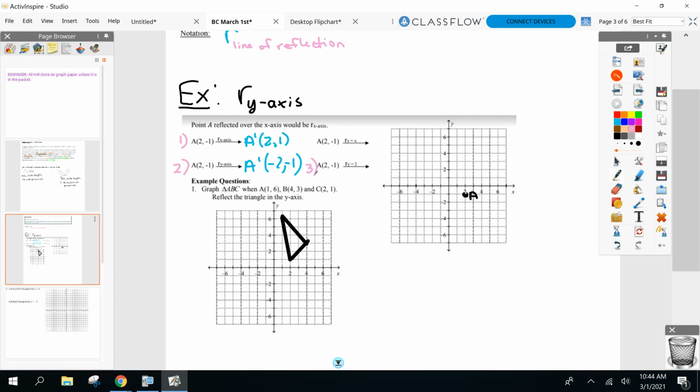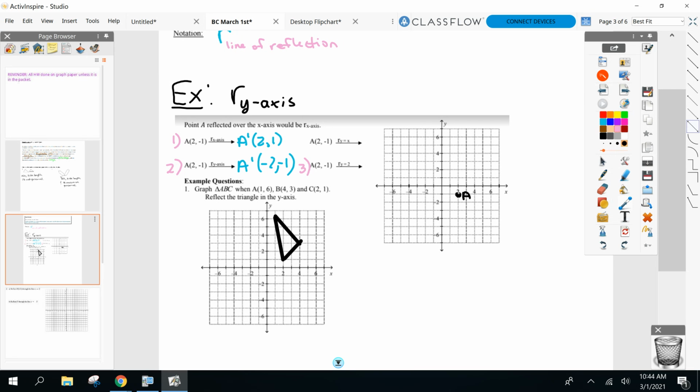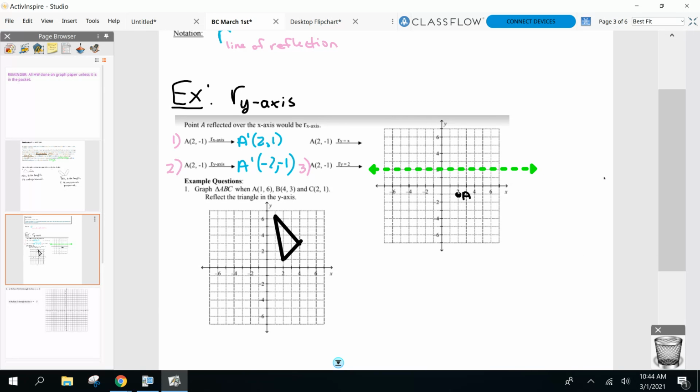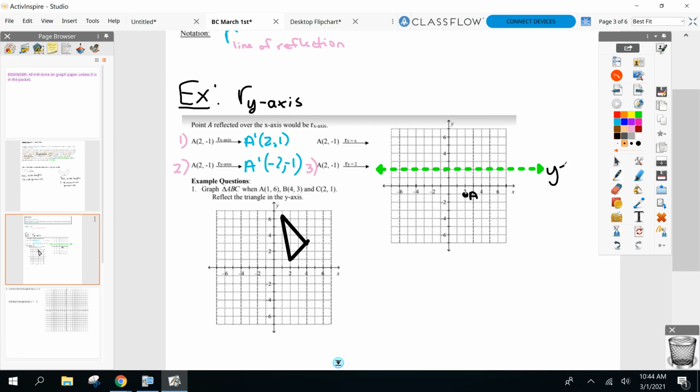It is a horizontal line going through 2 on the y-axis. If you don't know what I'm talking about, a horizontal line going through 2 on the y-axis, that's the line y equals 2 I graphed. Okay, everyone see that?